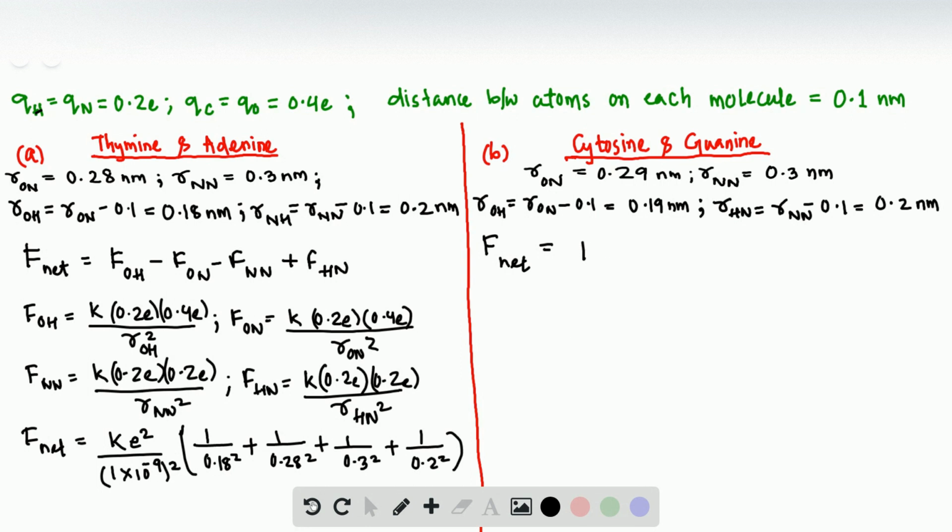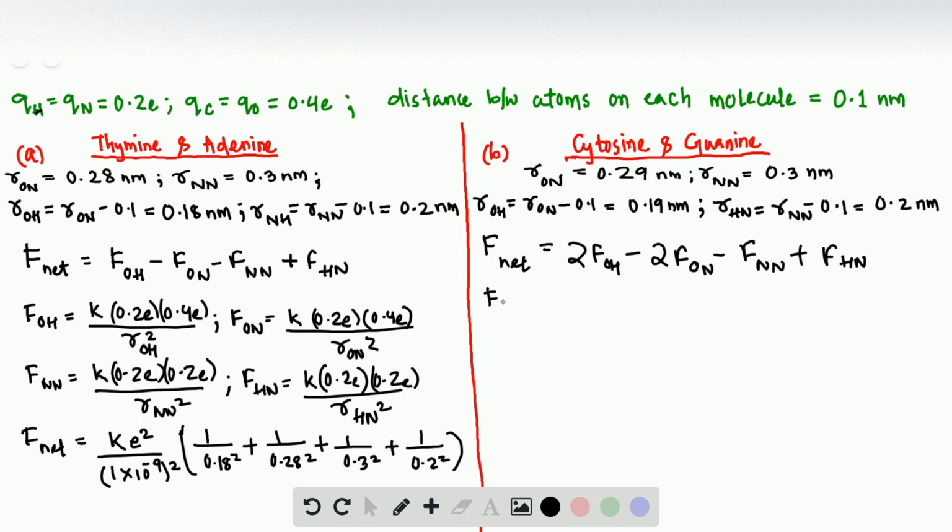So there are two OH bonds here, so it will be 2 times FOH minus 2 times FON, because there are two ON bonds here, minus FNN plus FHN.